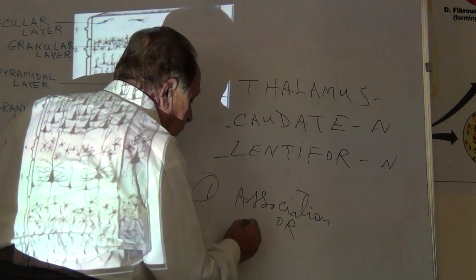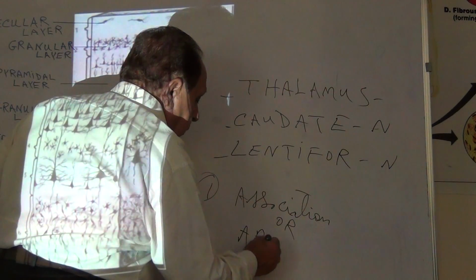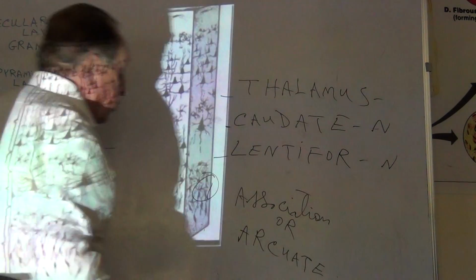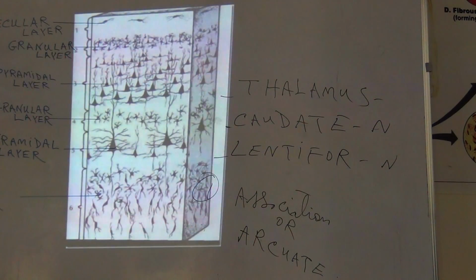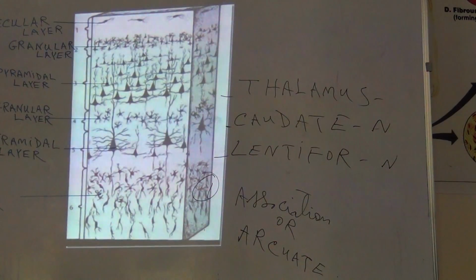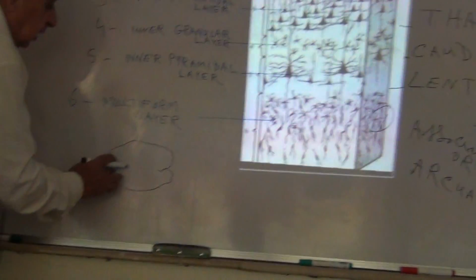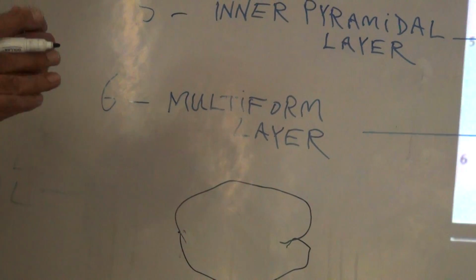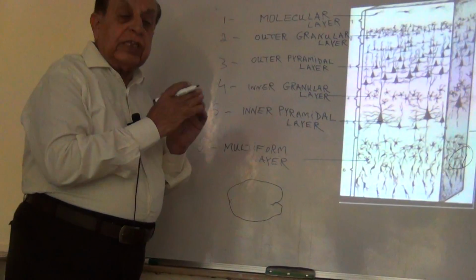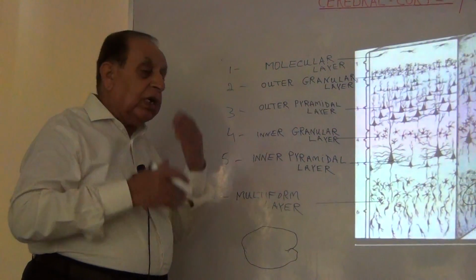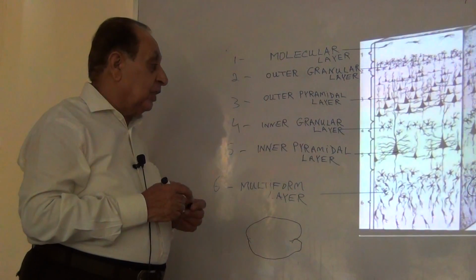Association or arcuate fibers. Now these type of fibers connect within the cerebral hemispheres. You know, the cerebrum has two hemispheres, the right cerebral hemisphere and the left cerebral hemisphere.